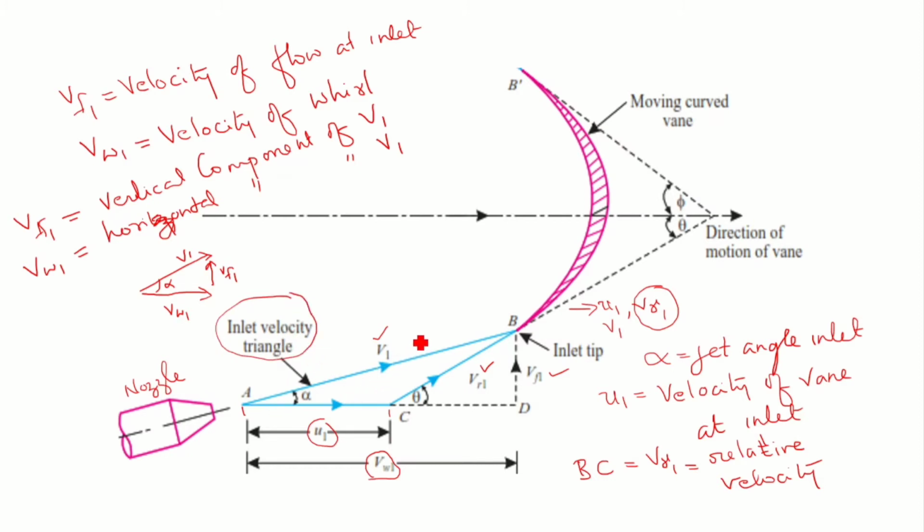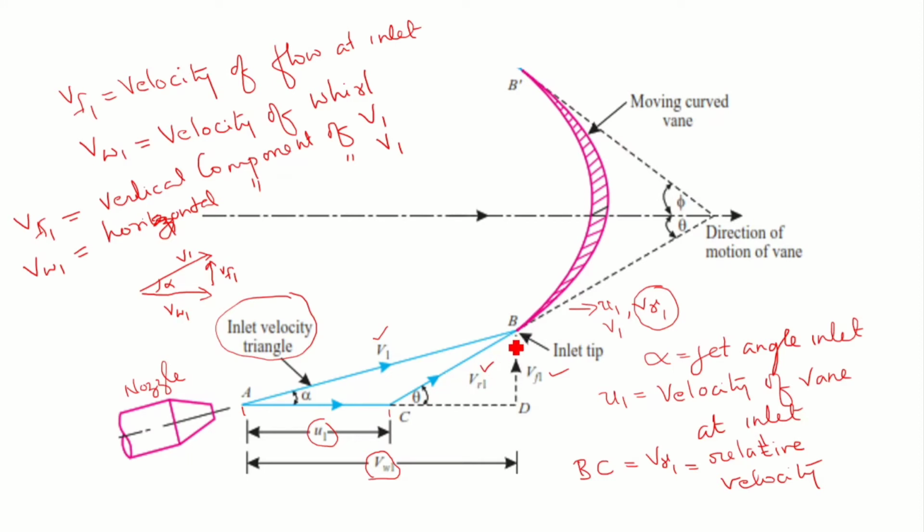The inlet velocity triangle consists of V1, which is represented by the line AB. U1 is the velocity of the vane, represented by the line AC, and CB represents VR1.